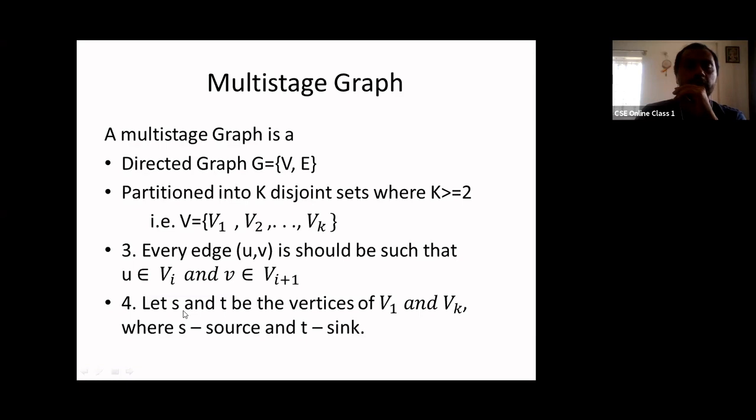Those vertices are called the source and the sink, that is S and T. S stands for source and T stands for sink. It is as good as resources originating from source S and all converging to the sink, the last node, T.